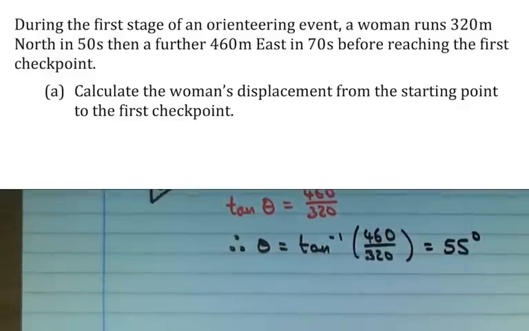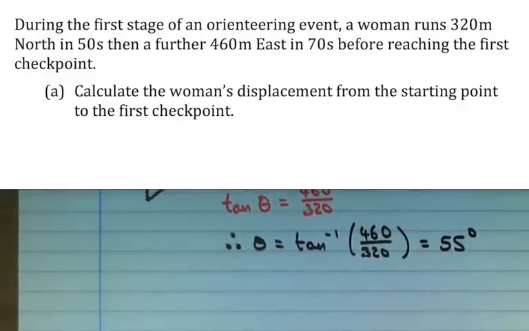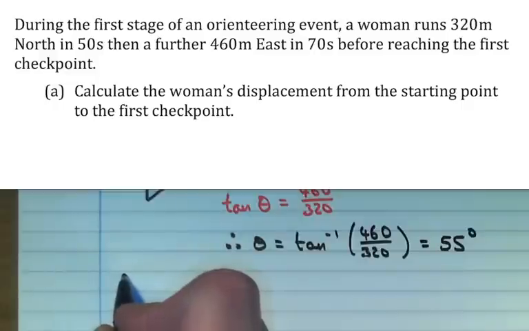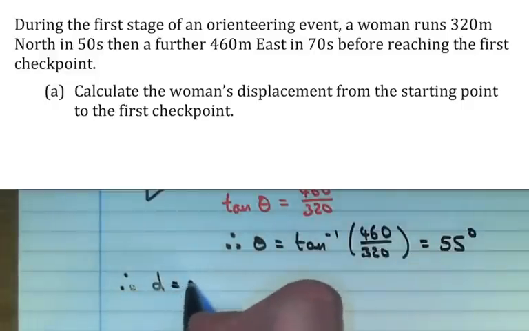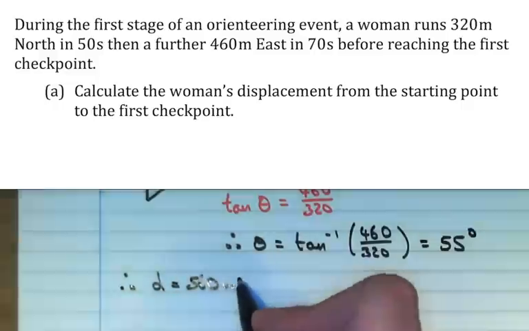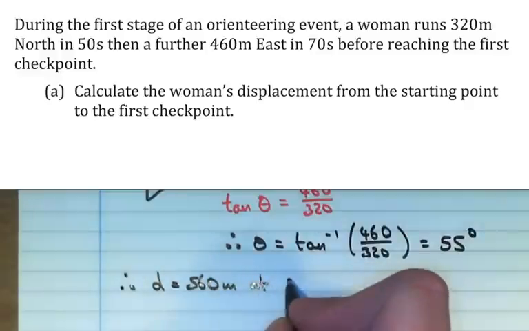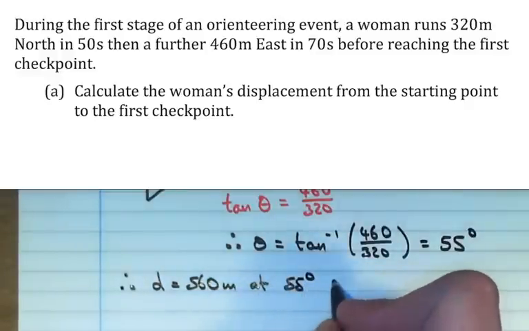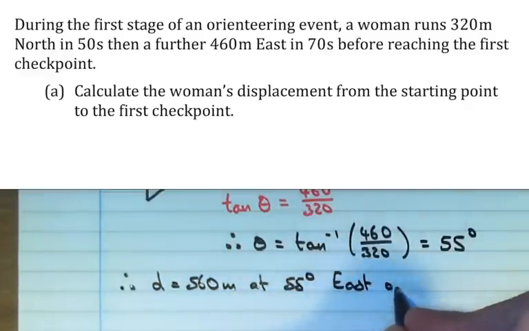So last thing, and we said before there were two different ways to do this. We could say that D is equal to 560 meters at 55 degrees east of north.